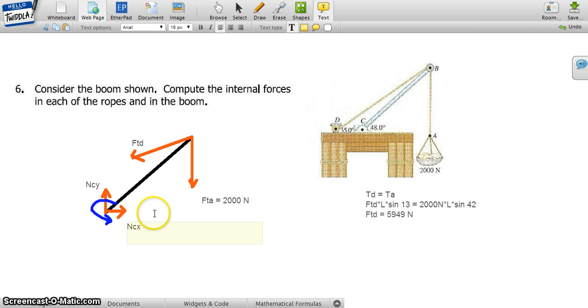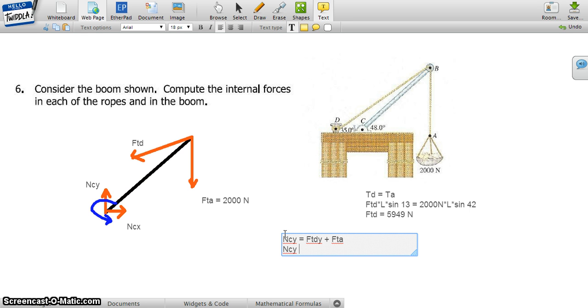Okay, then I can figure out these two components by setting up some net force equations. So NCY will be equal to FTDY plus FTA.